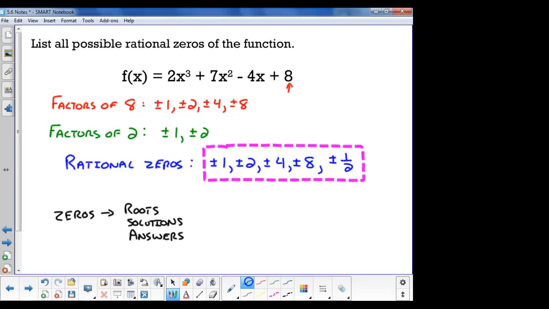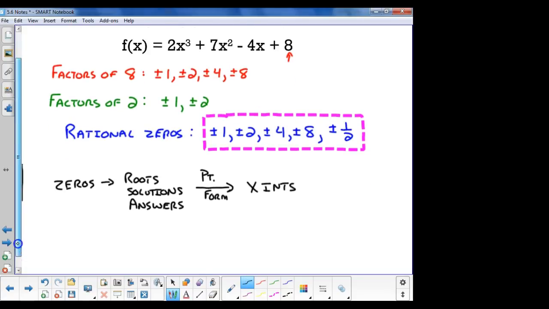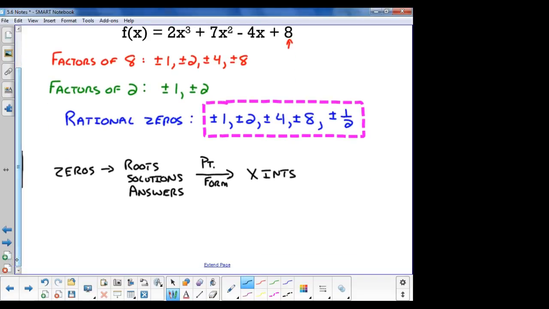I thought we had another one. Nope, zeros, roots, solutions, answers, right? But then if we change it and we put them in point form, then they become x-intercepts. Okay? And if we put them in function form, they become factors.